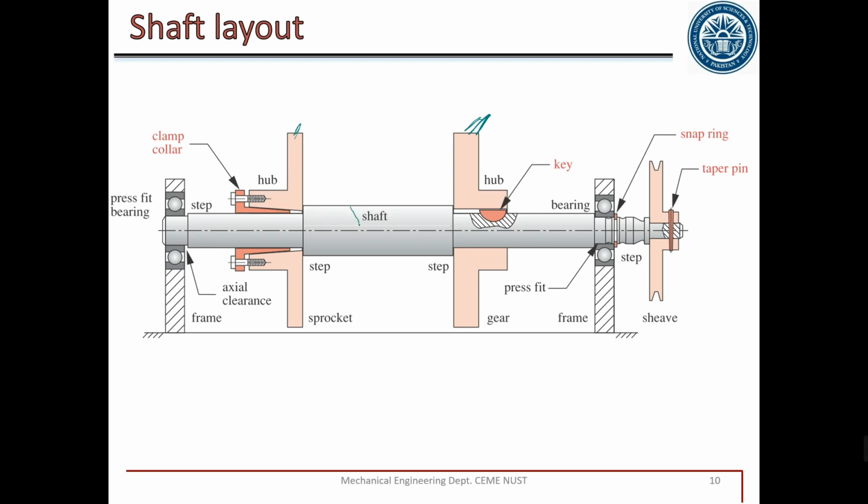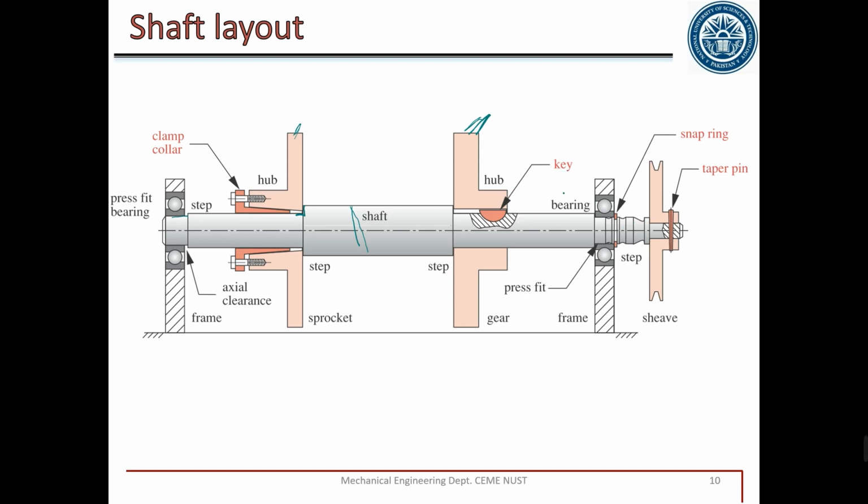Initially, this is the central portion of the shaft. There is a step, then we put this sprocket. Then again the diameter will be the same. After that, at this point, we have to put a bearing. Similarly, at this point, we put some gear, then a bearing, and then also some sleeve.